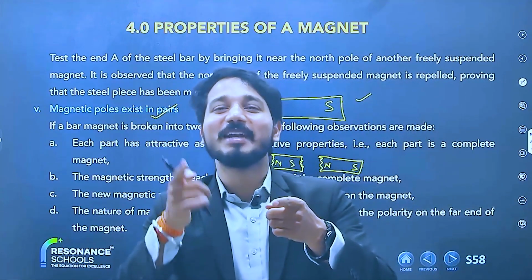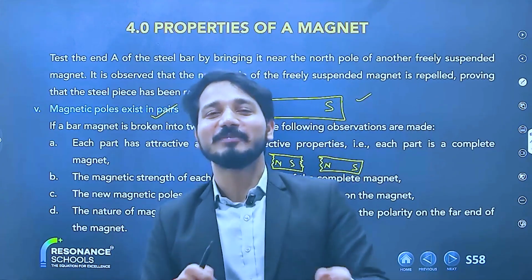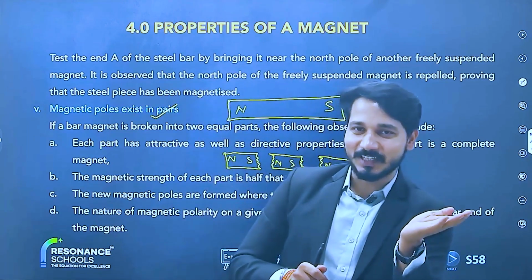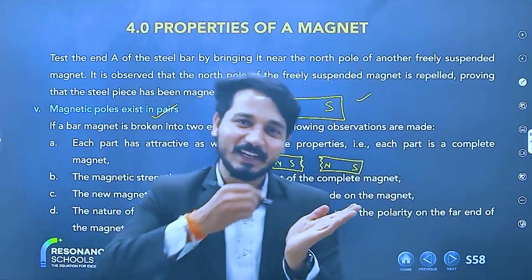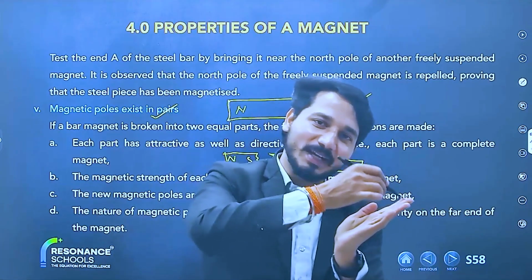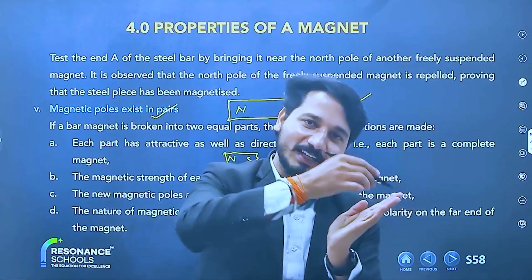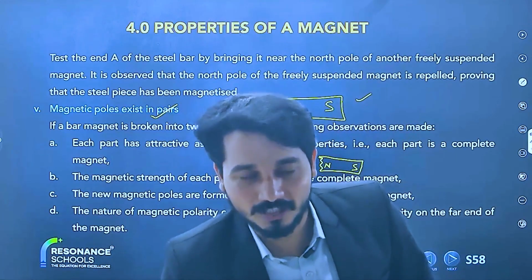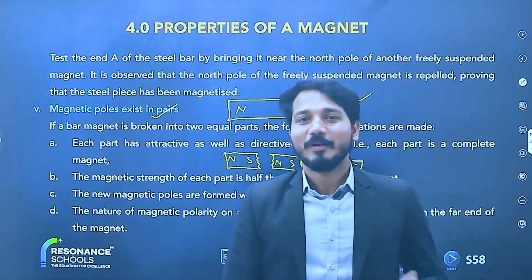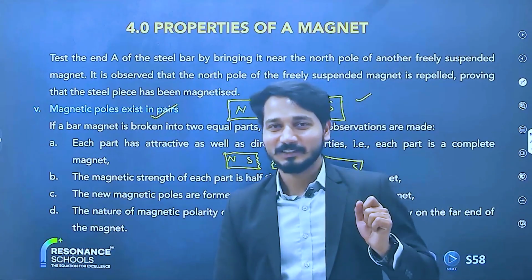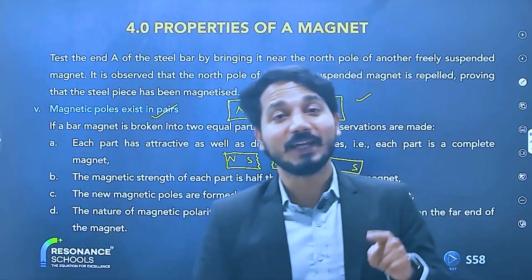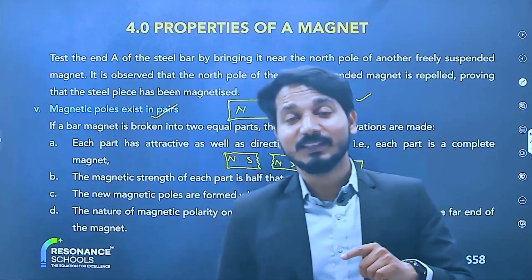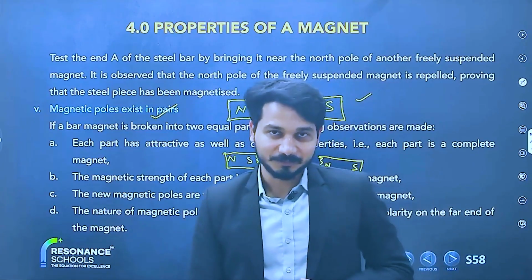We do remember. Magnetizing a magnetic material. If you are taking an iron bar or a steel bar and keep on moving a magnet over that iron bar again and again in one direction, then that iron bar or steel bar will possess the property of a magnet. This is the fourth property. A magnet can magnetize another magnetic material.